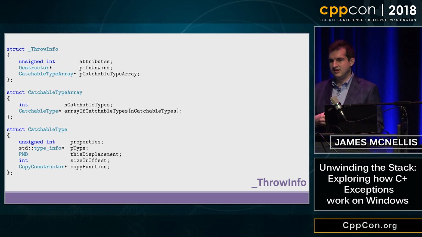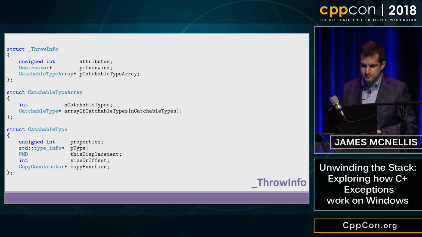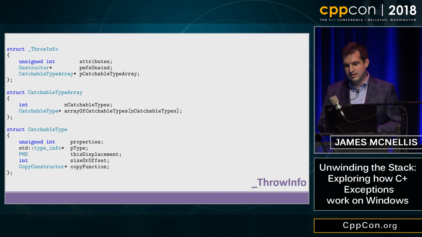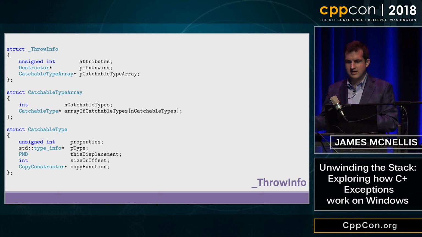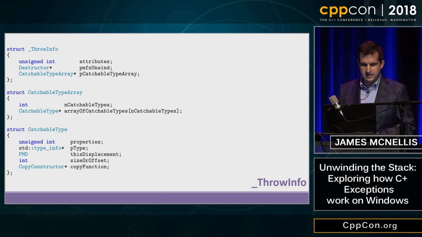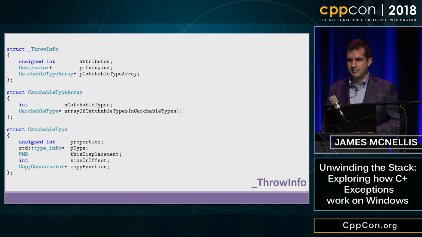If you don't have RTTI enabled in your build, but you do use exception handling, the compiler will still generate RTTI data, but only for the few types needed for exception handling. It also contains displacement information, which is used for multiple inheritance cases, so that if you catch a derived class object via one of its bases, we know how to find the base class. And then it's got a copy function that knows how to make a copy of the exception object.